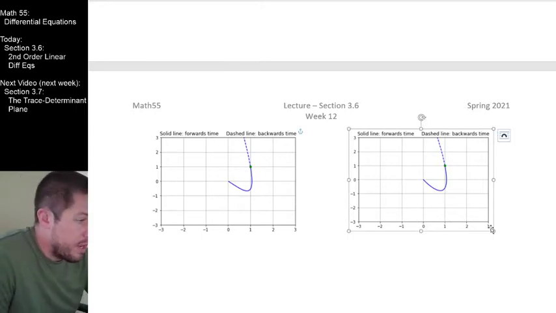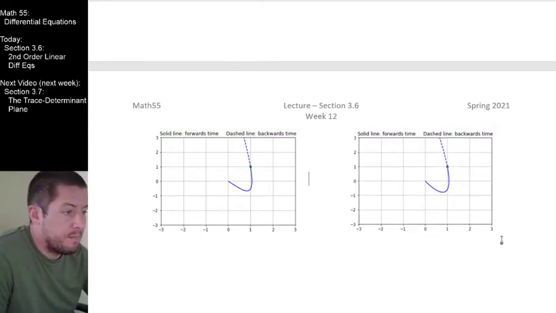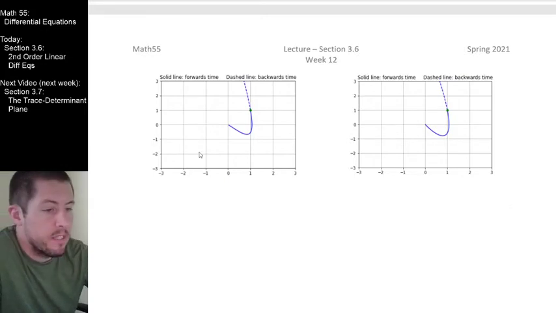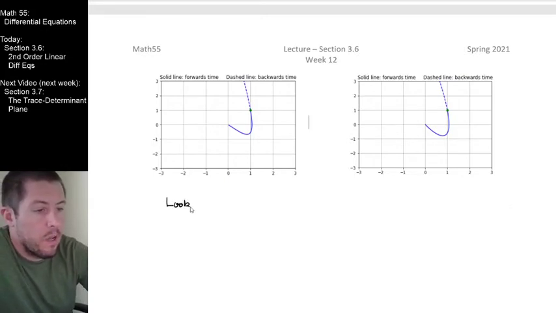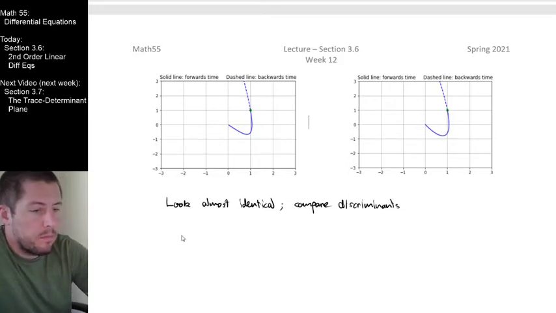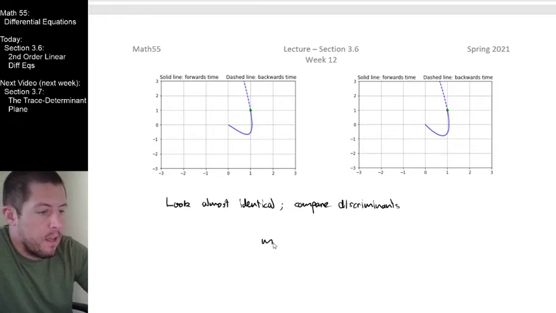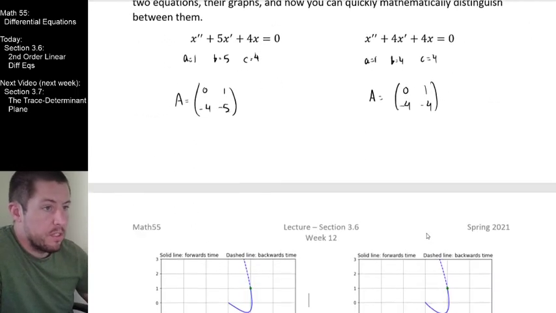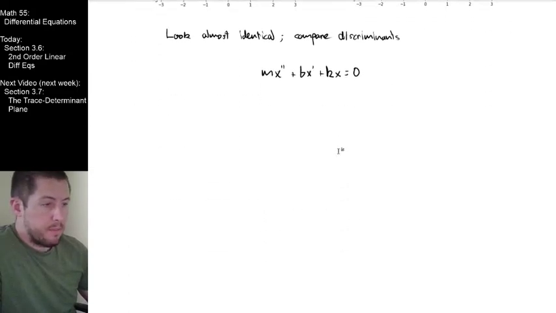But what I think I can do here is compare the discriminants. Well, we had that mx double prime plus bx prime plus kx is equal to 0. Our two scenarios here were plus 5x prime plus 4x.